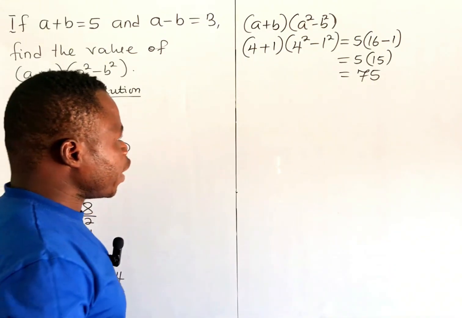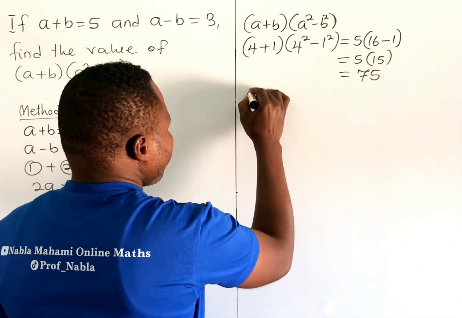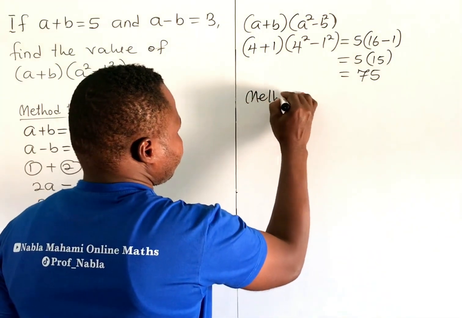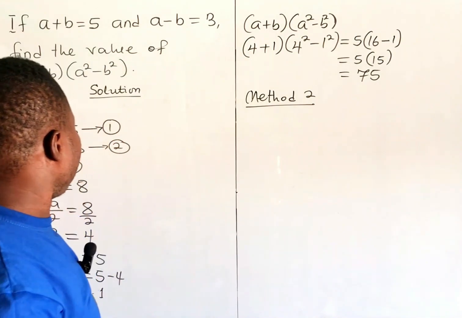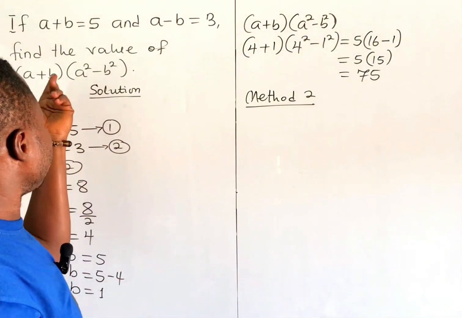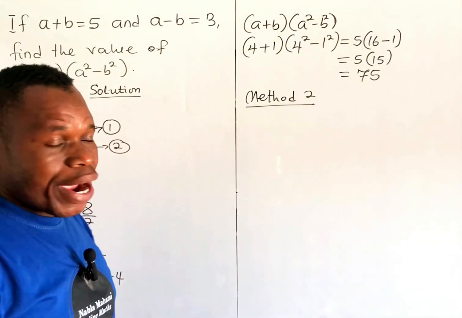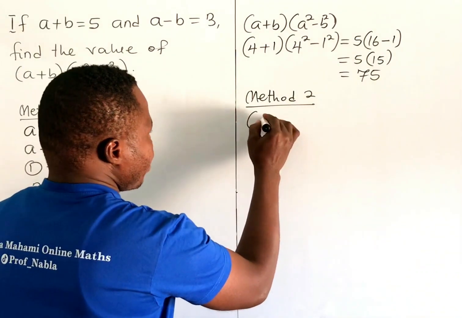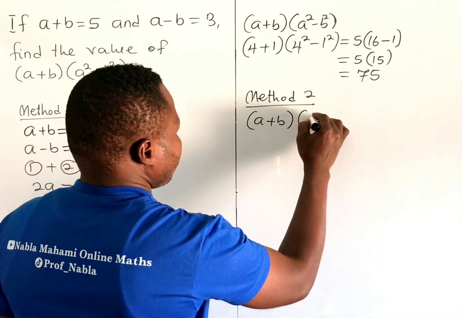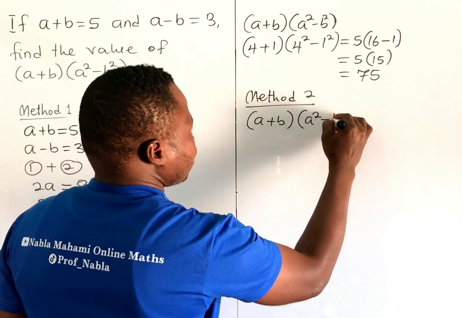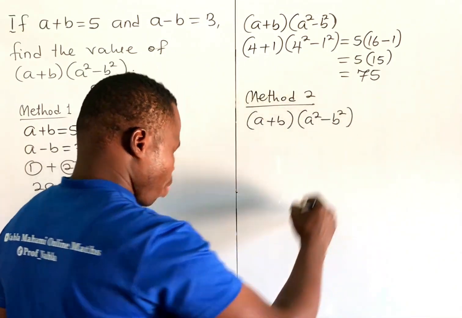Now, let's use method 2. For method 2, we are going to write down the expression that they want us to find, and that will be A plus B multiplying A squared minus B squared.